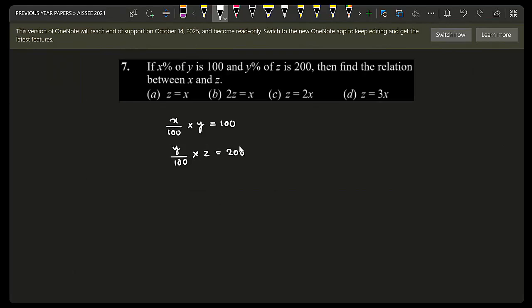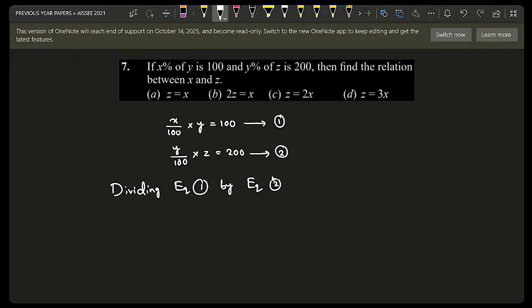To get a relation between x and z, we need to eliminate y. Eliminating y means we should get a relation between x and z without involving y. So how can I eliminate y? I see in both the equations, y is in the numerator. Let us say this is equation number 1 and this is equation number 2. In order to cancel y and y, I am dividing equation number 1 by equation number 2.